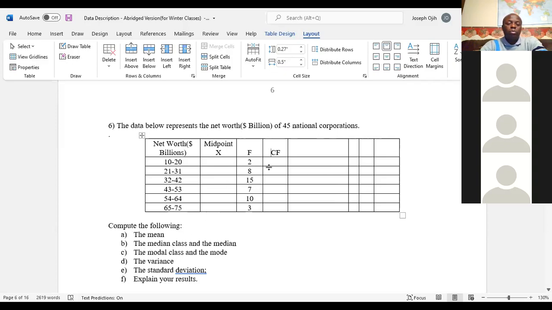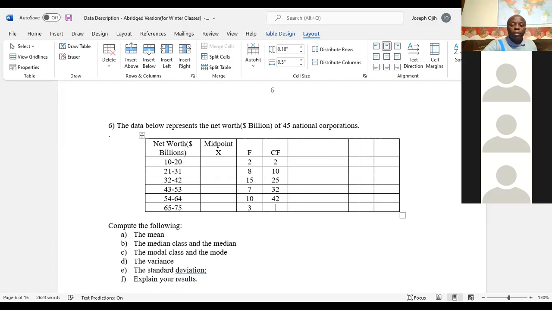Basically, the median class actually. Cumulative frequency: the first number stays the same. For the other numbers, you add to the next number. So 2 plus 8 gives us 10. And then 10 plus 15 gives us 25, and so on and so forth. 25 plus 7 gives us 32. 32 plus 10, 42.